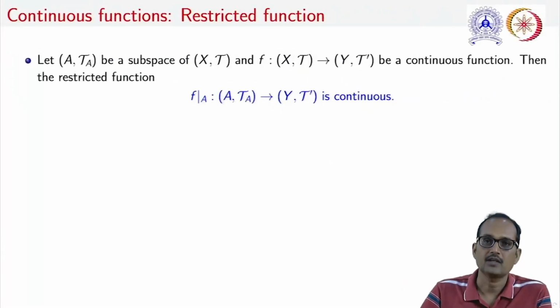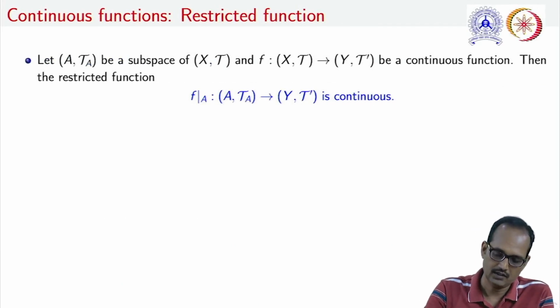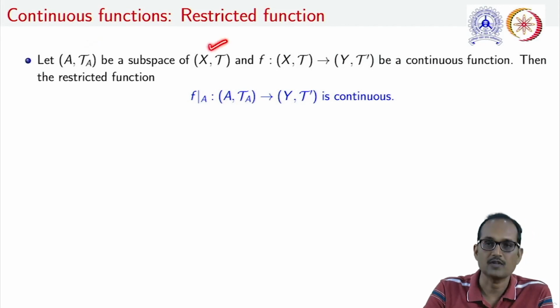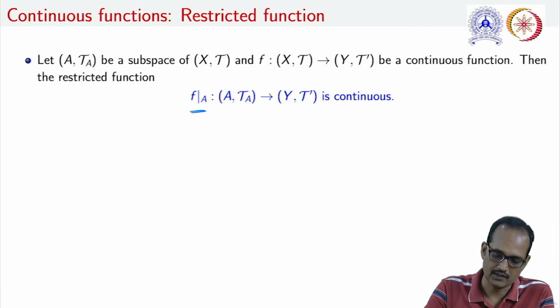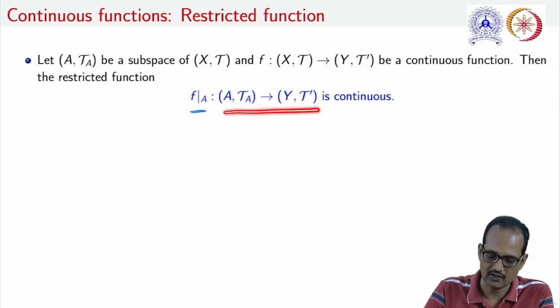again coming to the concept of subspaces, let us take a subspace A, tau A. This is a subspace of X, tau, and take a continuous function f from X, tau to another topological space Y, tau dash. Then the restricted function f over A, which is defined from A, tau A to Y, tau dash, is also a continuous function.